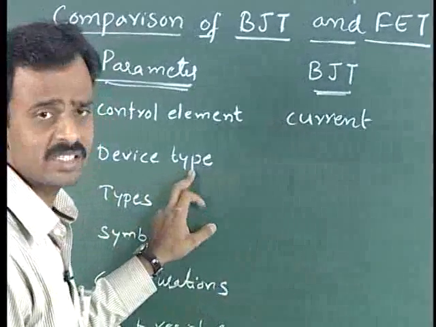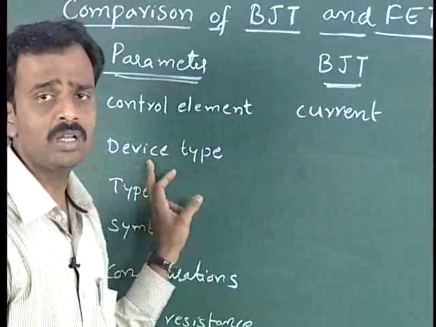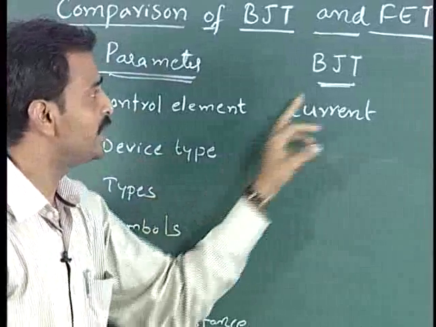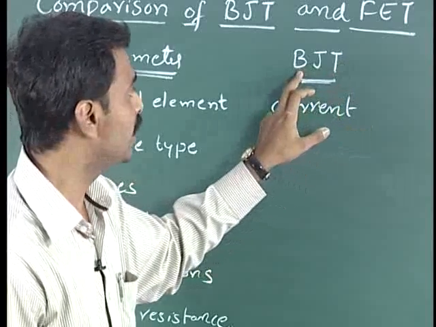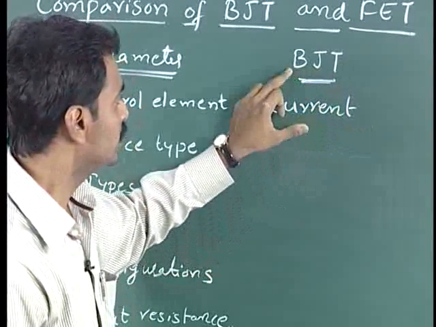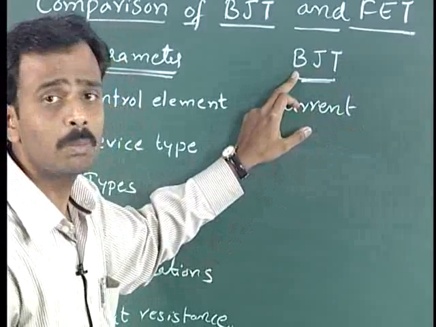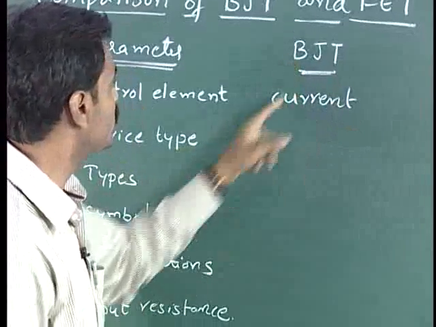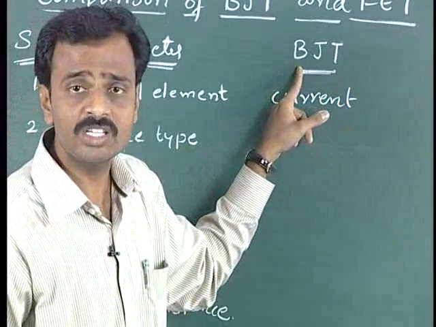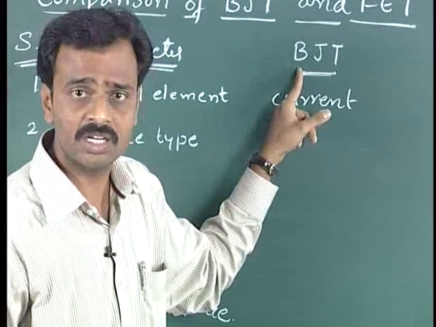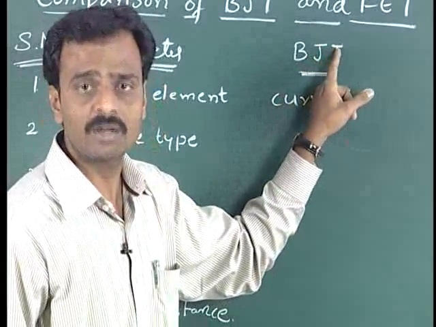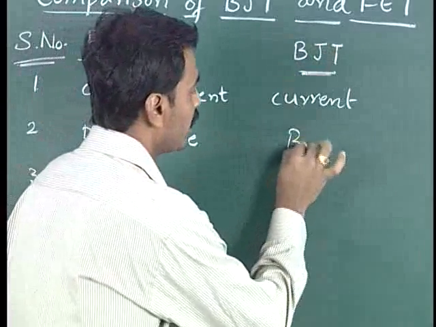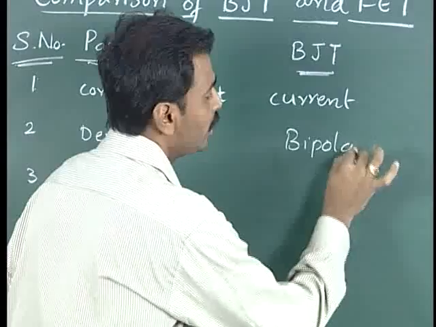Next, coming to the device type, the second parameter. It is called a bipolar junction transistor because the conductivity is due to both types of charge carriers, the electrons and holes, so the device is a bipolar device.